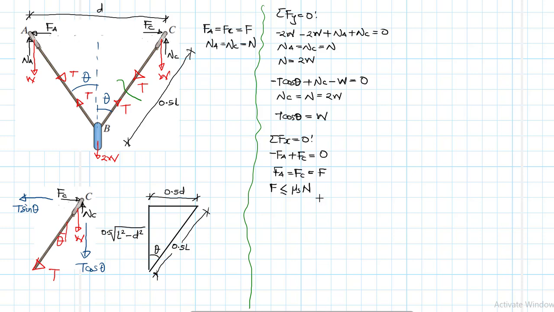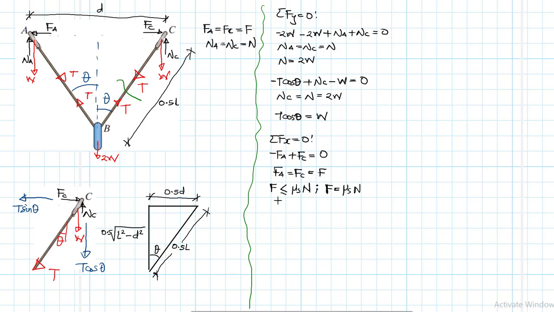And we said our n is equal to NA, which is equal to NC, and our F is equal to FA, which is equal to FC. And since we want to use this in our calculation, we just say F is equal to mu s times n. This mu s is the coefficient of static friction on the very rod. Okay. All right.